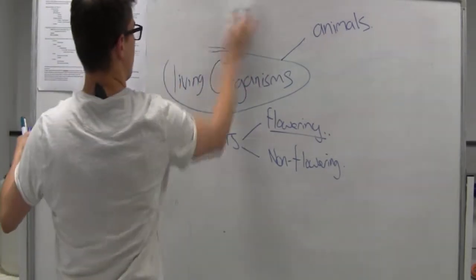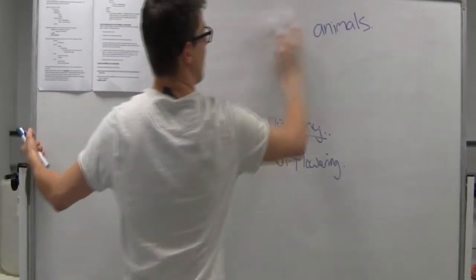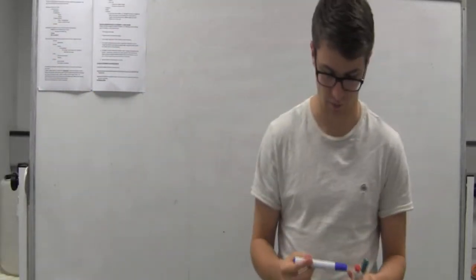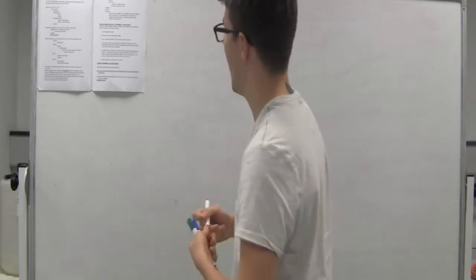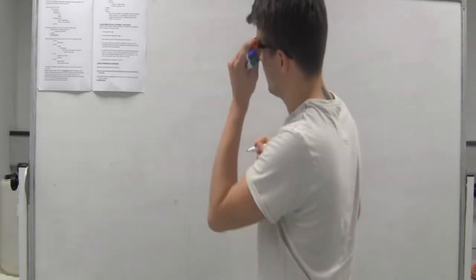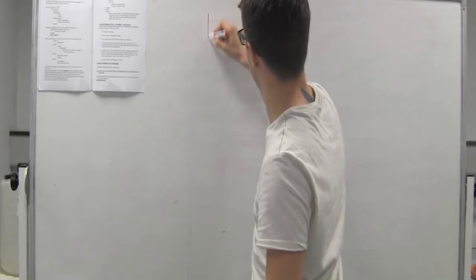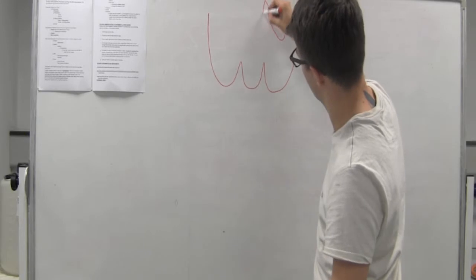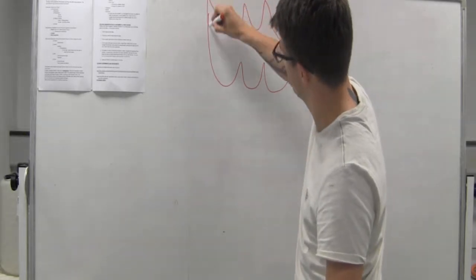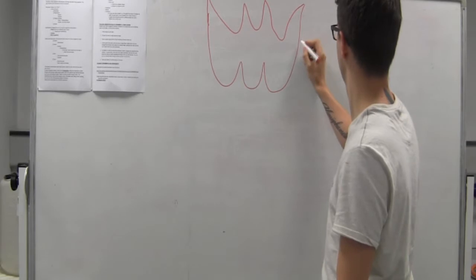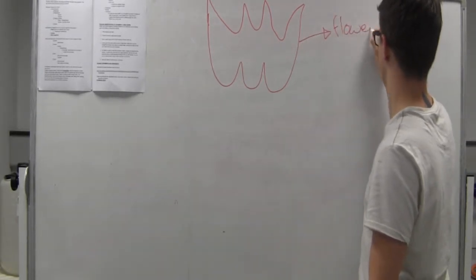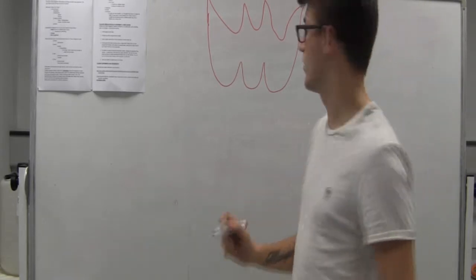So, as we're focusing on flowering plants, I ask the students to name the parts of a plant and the functions of the plant. So, you have at the top a flower, which is for reproduction.